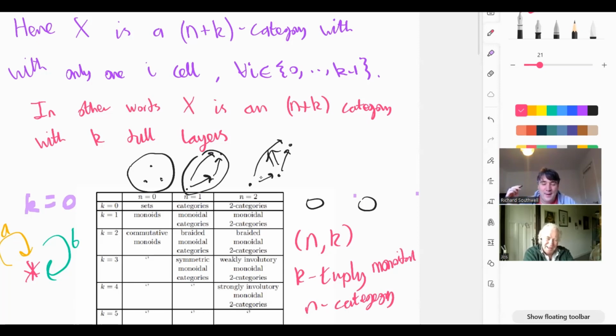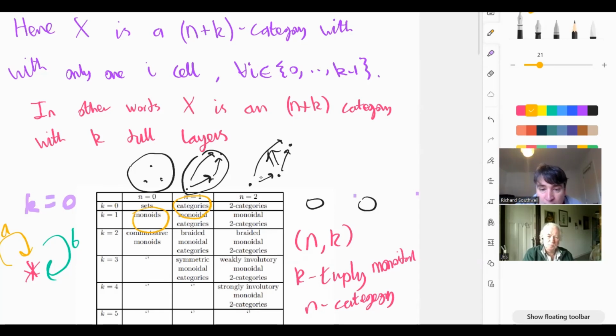Exactly. And what it means is it's an n plus k category, but the first k layers or levels are dull. So we'll see what this means. Basically the idea is like this: if you get a category that only has one zero cell, then you get a monoid.